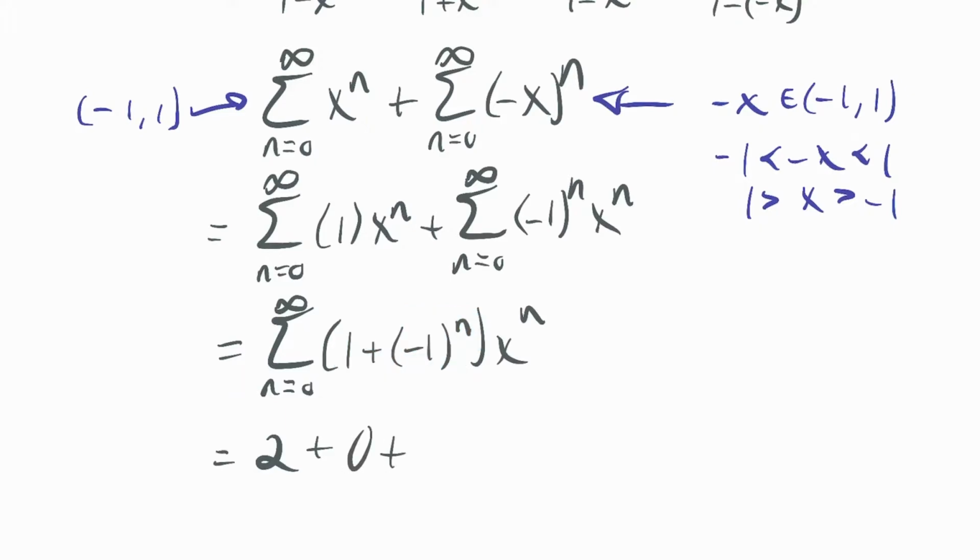Plus, what about when n is 2? Well, 2 as an exponent means we have -1 squared. So that's 1 plus 1 would be 2. So I have 2x squared. Plus, what if n is 3? Well, if I'm cubing -1, I have -1 plus 1 is 0 again.